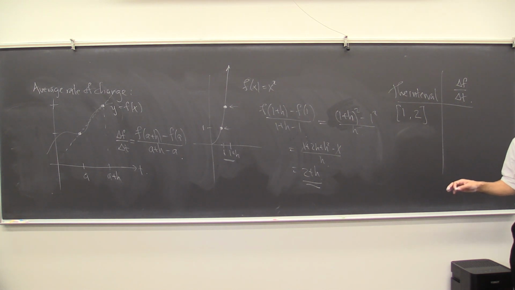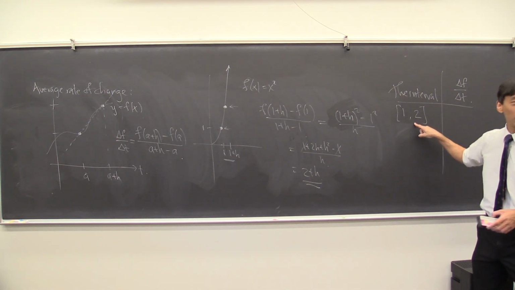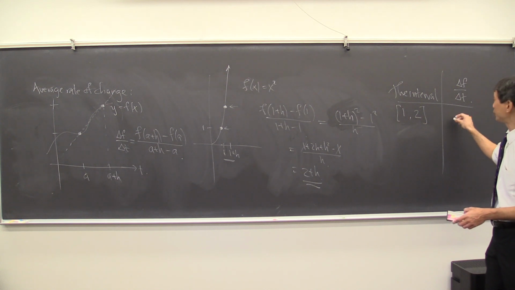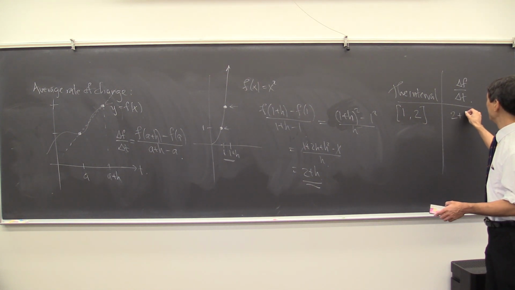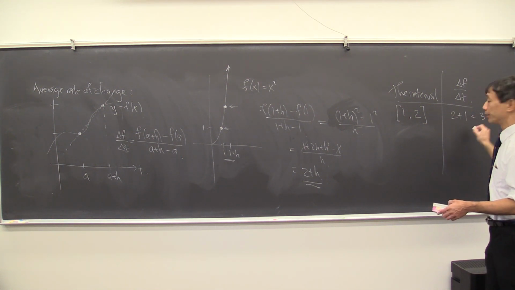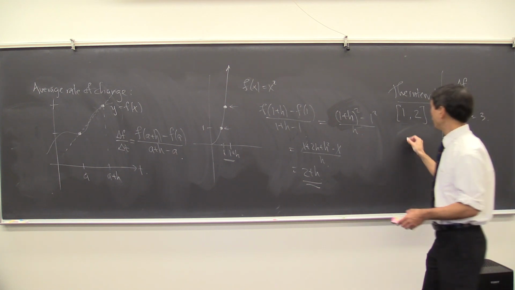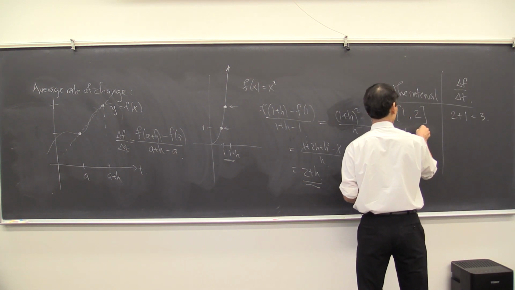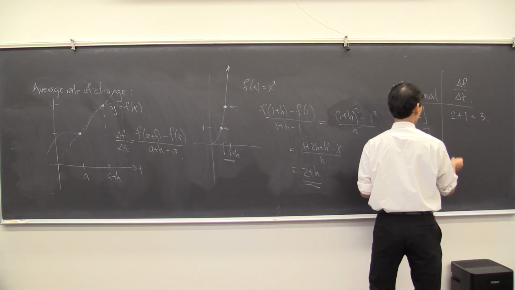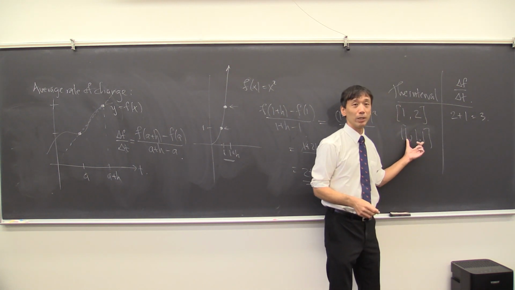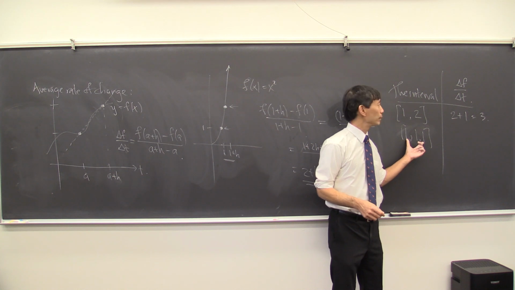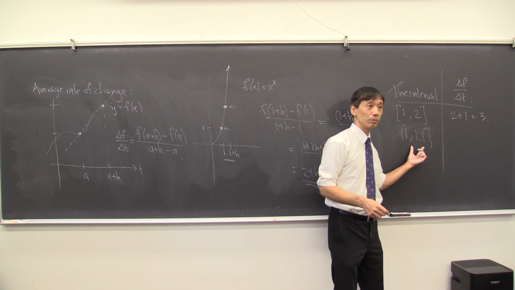Stella? 3. It'd be 3, right? Because the h is the length. So it's 2 plus the length, which is 1, which is 3. Over 1, say 1.1, what would be the average rate? It's going to be 2 plus the length.